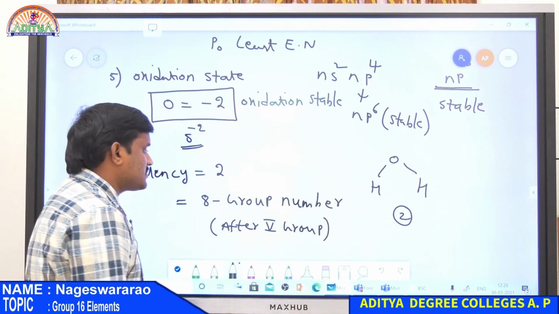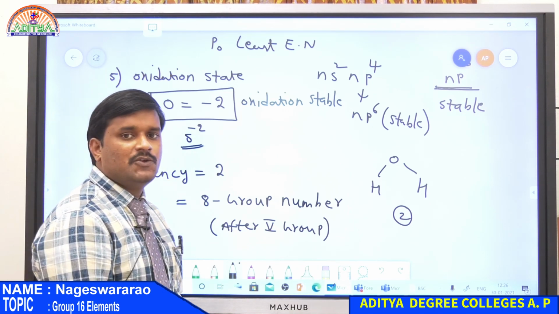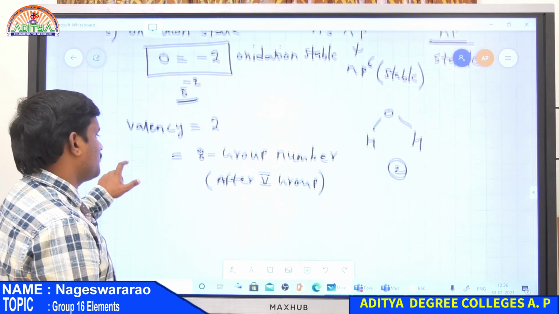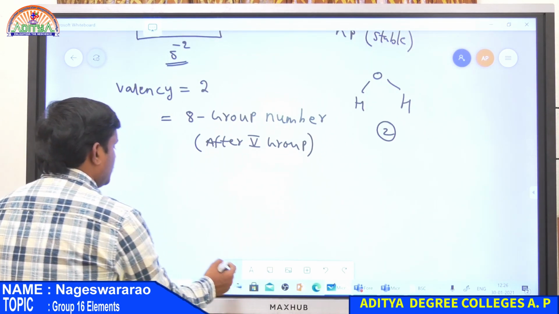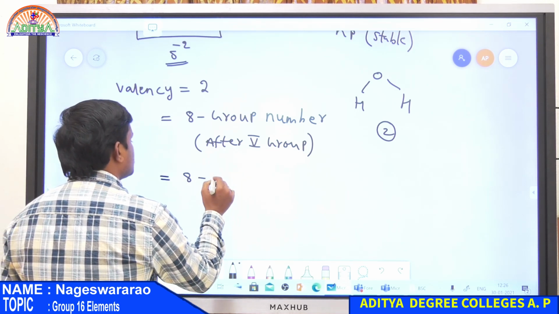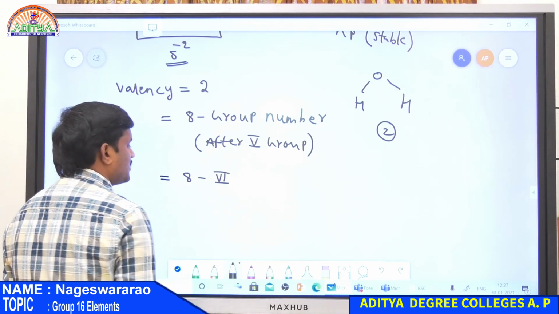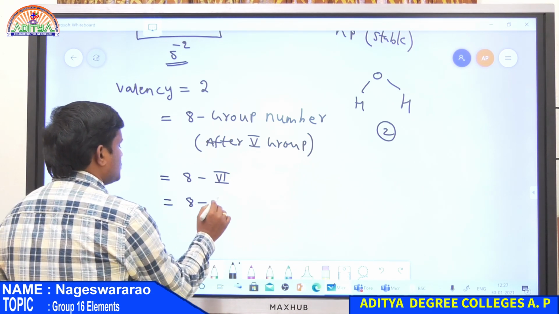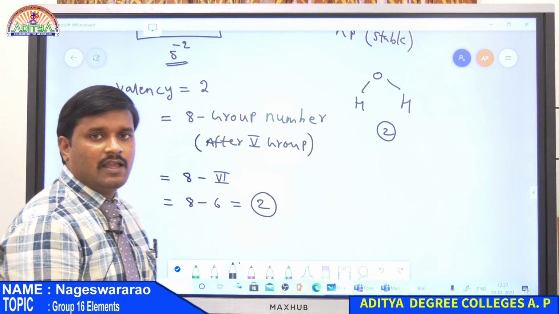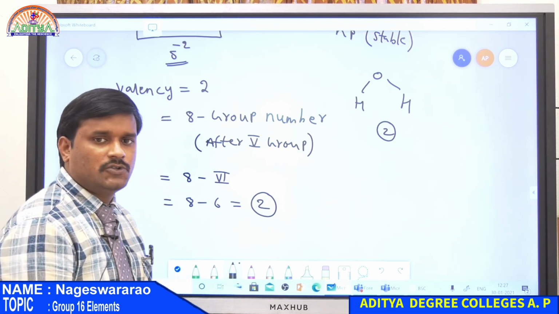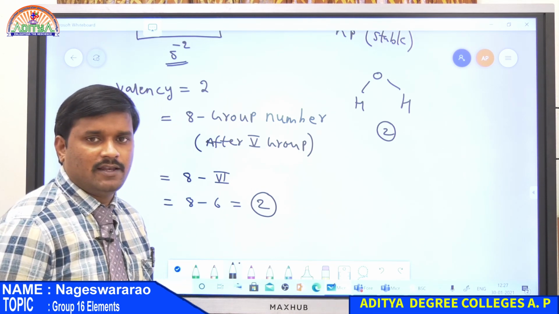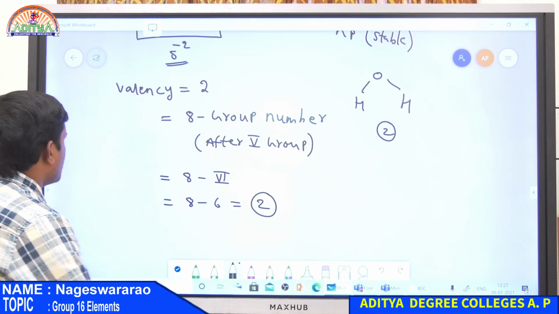After 5th group elements, the valency is determined by using the formula valency is equal to 8 minus group number. So here in the case of oxygen, 8 minus group number, so it is a 6th group element. So that is 8 minus 6. Simply this is equal to 2. Therefore, all these compounds having a valency that is equal to 2, that is nothing but all form 2 bonds with other elements. So this is about oxidation number.